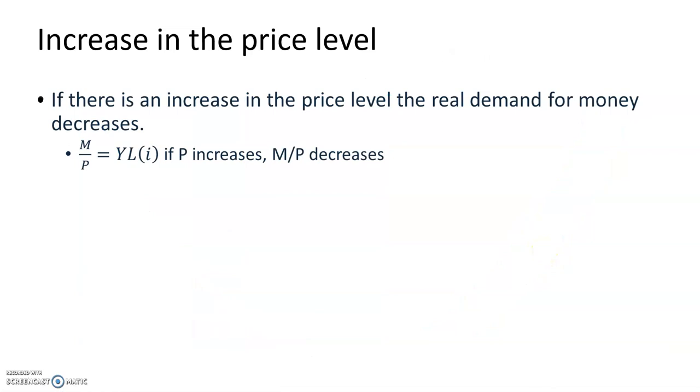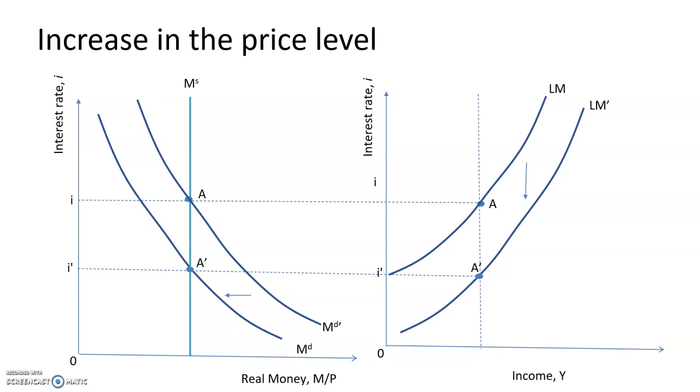Increase in the price level. If there is an increase in the price level, the real demand for money decreases. So M over P equals YL(i): if P increases, M over P decreases. The increase in price level also causes the LM curve to shift down from LM to LM prime.